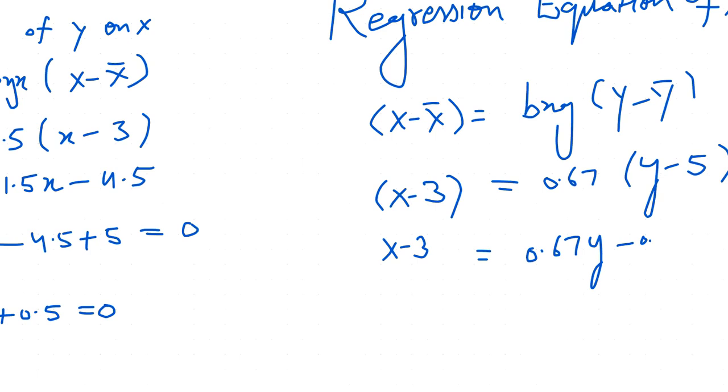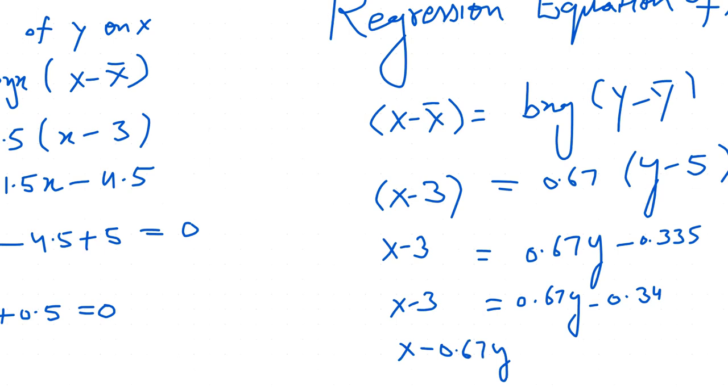Or we can write this by rounding off. X minus 3, and take all values on the left side. X minus 0.67 Y and minus 3 minus 0.34 is equal to 0.